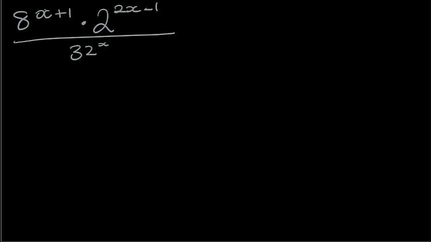And we're multiplying and we're dividing. That's everything that we're doing on this page. What we want to do is get everything down to the same base, because all our exponent rules have to do with the same base. So let's see what we can do here.